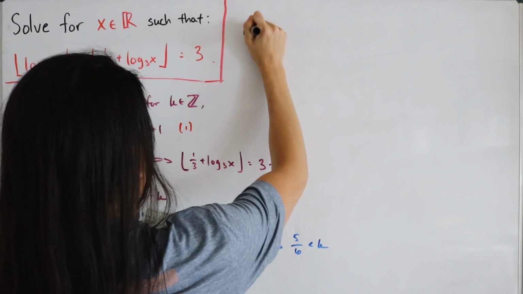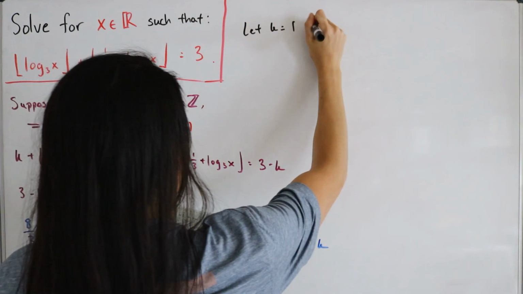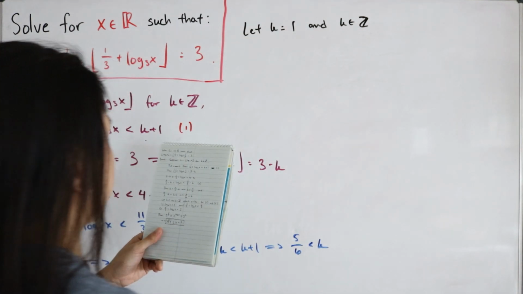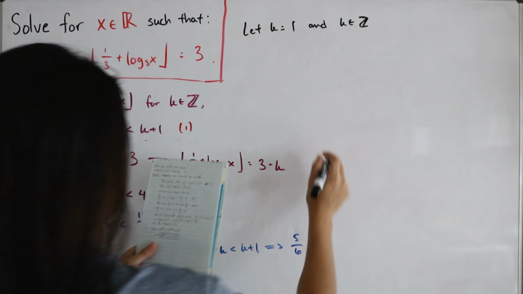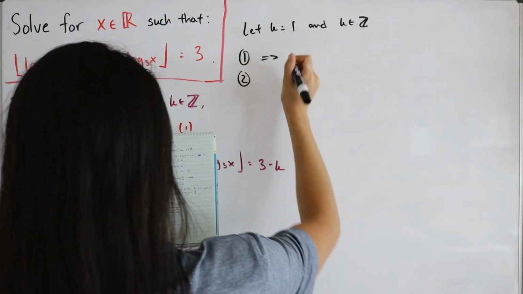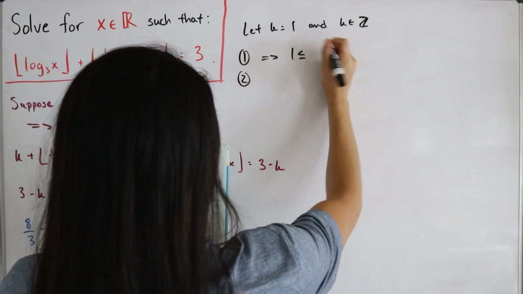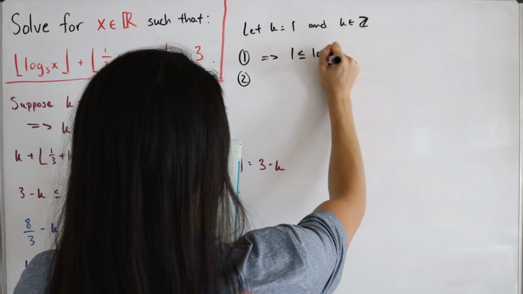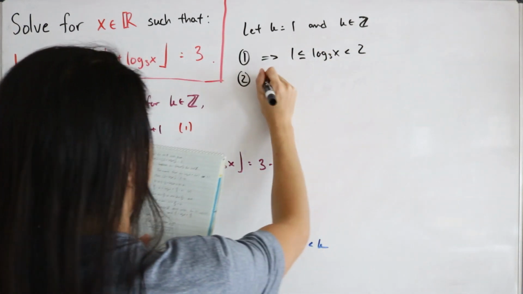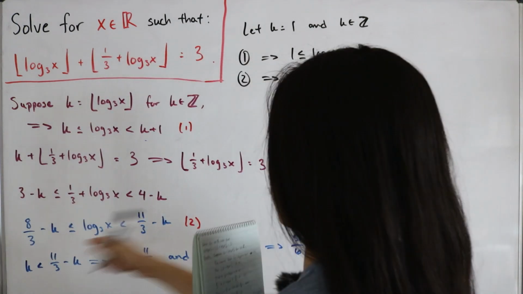So now if we let k equal 1, and because it's an integer, we have that equation number 1 yields 1 is less than or equal to log base 3 of x, which is strictly less than 2. And for equation number 2, we plug 1 into all this.